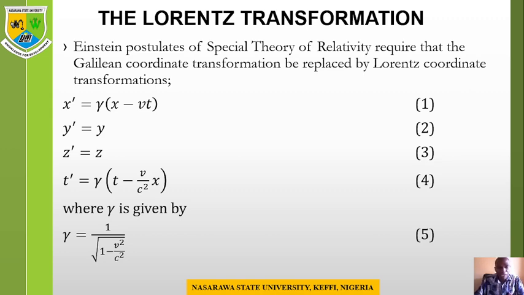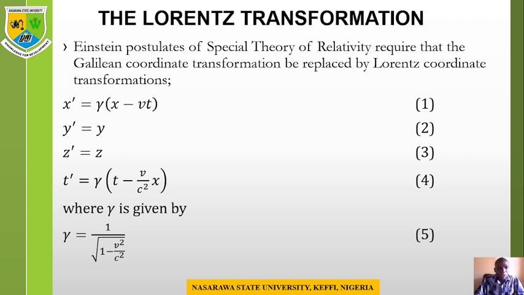You have the x direction, y direction, and z direction. Of course, there are limitations to the Galilean transformation, and now from the theory of special relativity, the Lorentz transformation makes some modification to the Galilean transformation, which we discussed in the previous lecture.